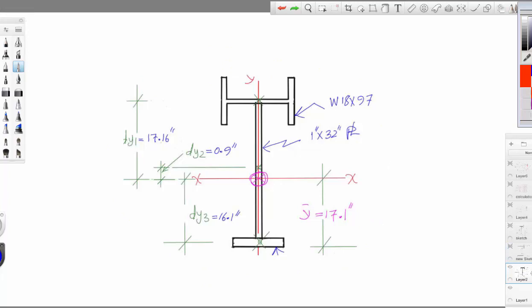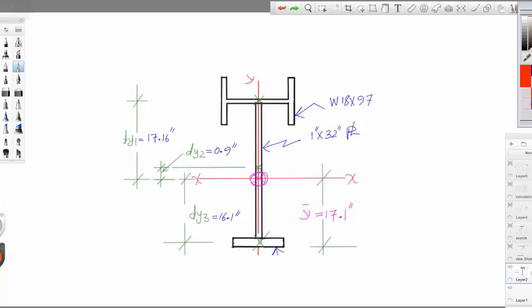For this entire section, the y distance is 17.1 and x is at 0, so x bar is equal to 0 and y bar is equal to 17.1 inch. You need to calculate this yourself, but we'll assume this is given to us for now, just to demonstrate how to calculate the moment of inertia about x and moment of inertia about y.